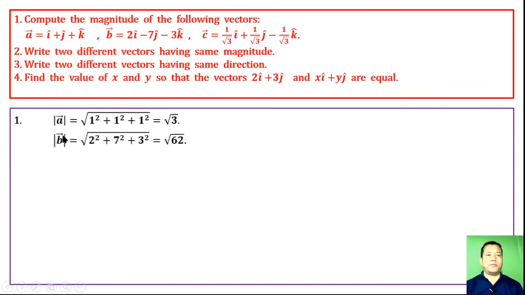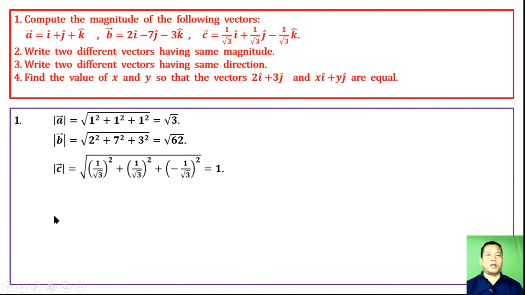For B, the magnitude is the positive square root of i coefficient 2 square plus j coefficient minus 7 square plus k coefficient minus 3 square, which gives the square root of 62. For C, the magnitude is the positive square root of i coefficient 1 by root 3 square plus j coefficient 1 by root 3 square plus k coefficient minus 1 by root 3 square, which gives 1.